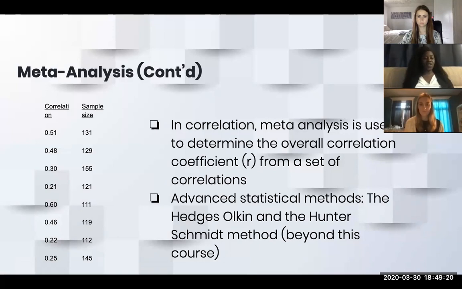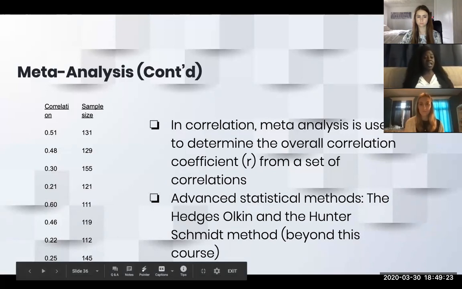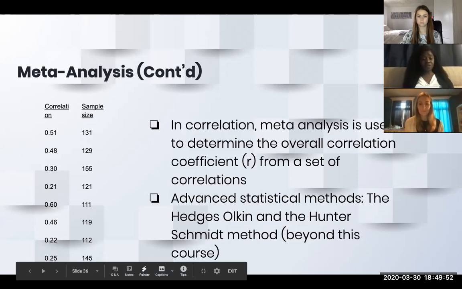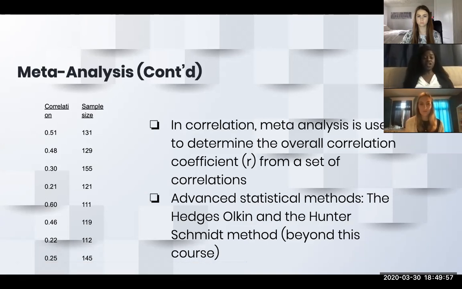They each had different sample sizes, and a meta-analysis of these correlations is aimed to determine what the overall correlation would be from this set of correlations. And there are statistical methods to determine that. It's called the Hedges-Olkin and the Hunter-Schmidt method. Again, beyond this course, but just for your knowledge, there are statistical methods used in determining what the overall correlation coefficient could be.